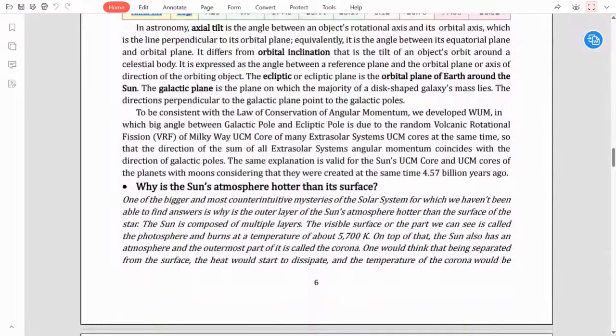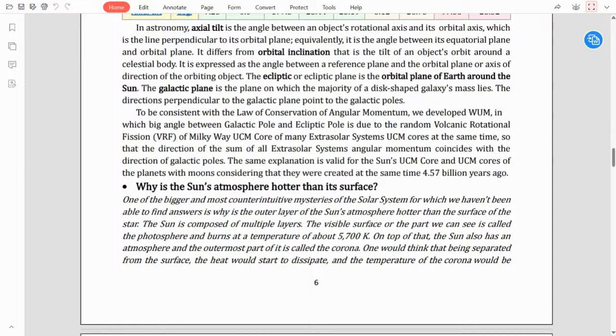With the law of conservation of angular momentum, we developed our model, in which the big angle between the galactic pole and ecliptic pole is due to the random volcanic rotational fission of the Milky Way UCMM core and of many extrasolar systems' UCM cores at the same time.